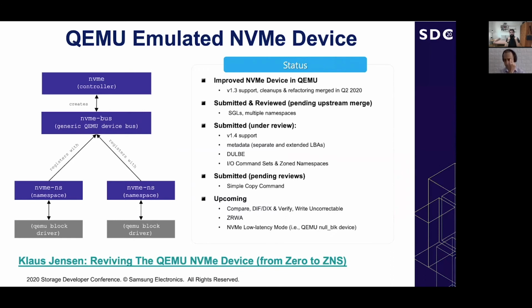Well, we've done a lot of work in QEMU to be able to support all new namespace types. So again, Klaus will have a dedicated talk at the SDC where he's going to talk about the rewrite he's done of the QEMU NVMe device and about the features that he has implemented on ZNS.